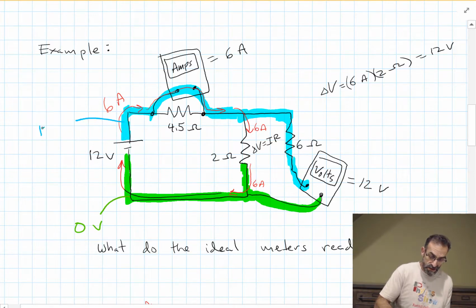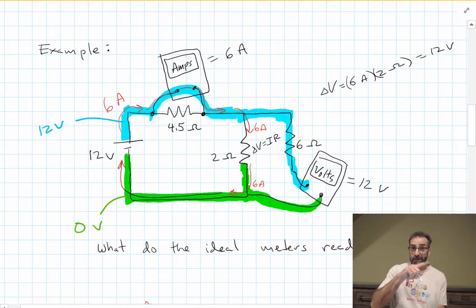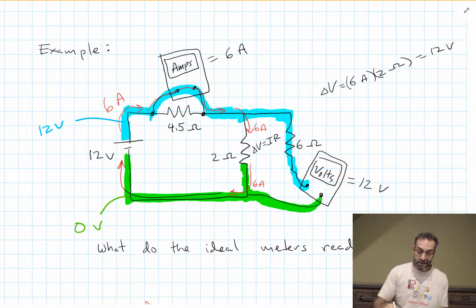This is the top of the battery, 12 volts. So if our voltmeter is hooked up anywhere on that blue line with one of its leads and anywhere on the green line with the other lead, it's going to read a potential difference of 12 volts because one would be hooked up to the 0 volt line and one would be hooked up to 12 volts.